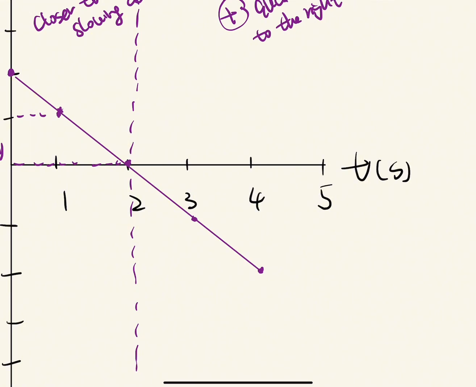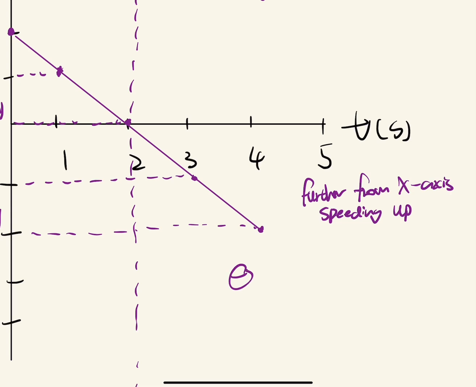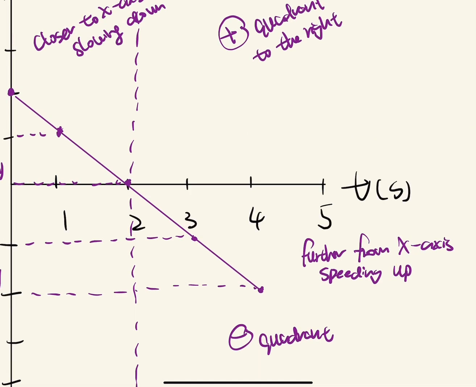We can see the y data point, although it's getting more negative, is getting further away from the x-axis. So we know that the car is speeding up. And since it's a negative quadrant, we know that the car is moving to the left.